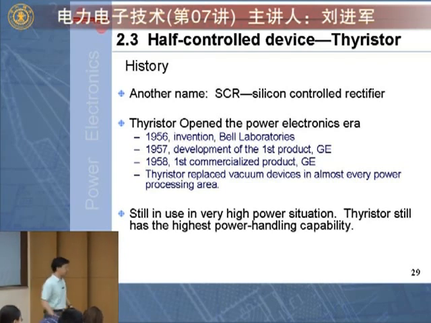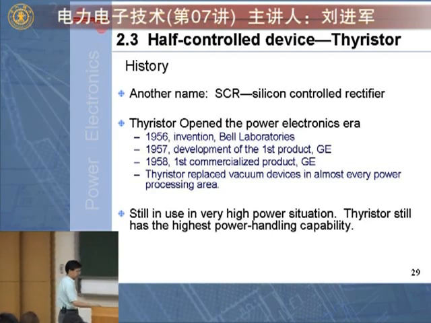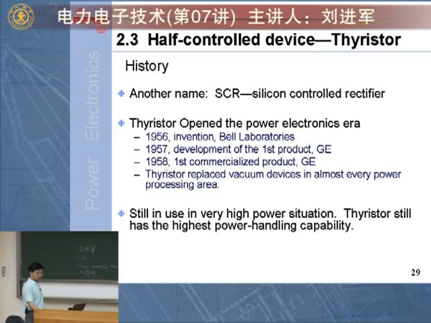But the most commonly accepted saying is that the thyristor was actually invented in 1957.